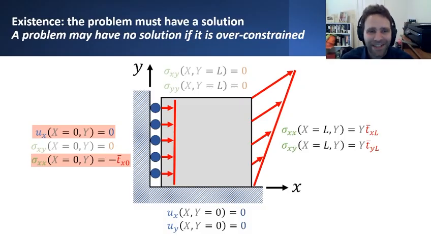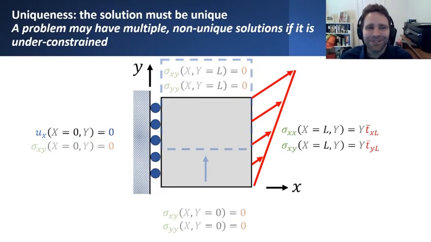It just didn't make sense to prescribe that reaction force before we went through that whole process. So if you try to over-constrain by prescribing both displacement and traction in the same direction at the same point along the boundary, you'll violate this condition of solution existence. So avoid doing that. Don't do that.